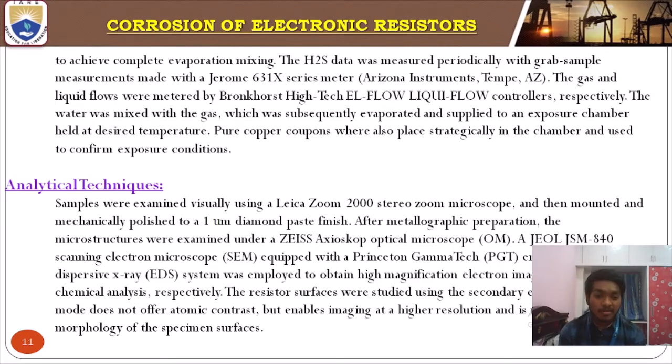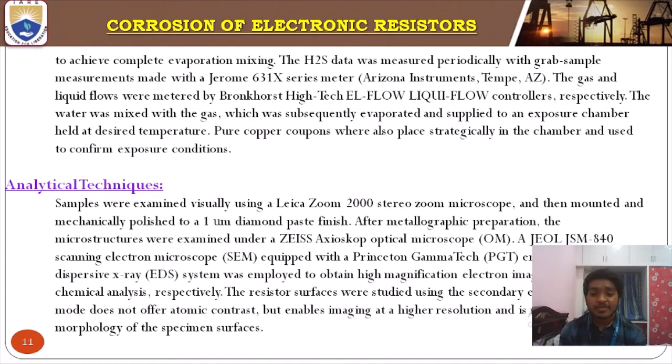After metallographic preparation, the microstructures were examined under a Zeiss Axioscope optical microscope (OM) and a JEOL JSM-840 scanning electron microscope (SEM), equipped with a Princeton Gamma-Tech PGT energy dispersive X-ray spectroscopy (EDS) system, to obtain high magnification electron images and to conduct chemical analysis, respectively.